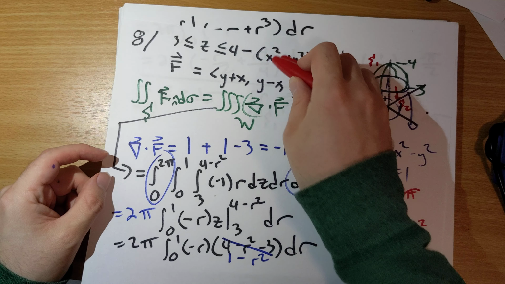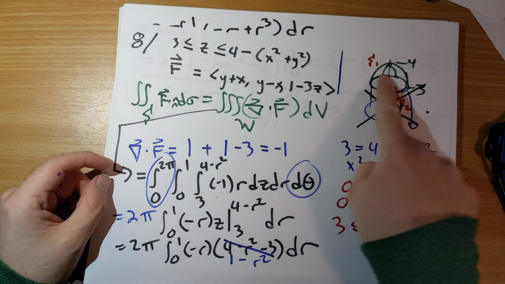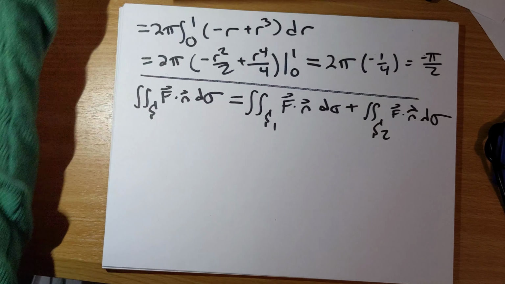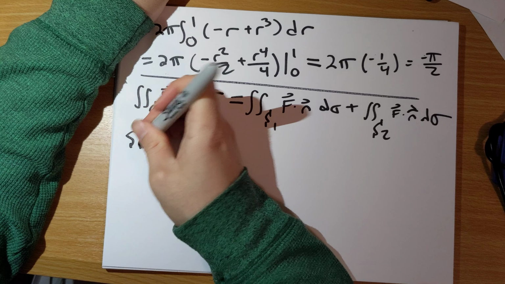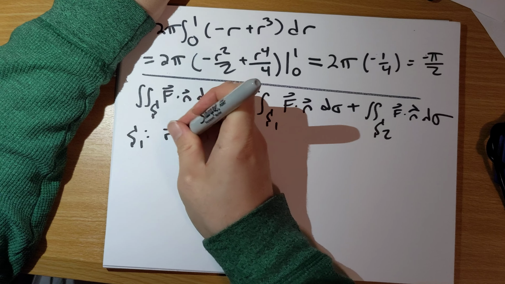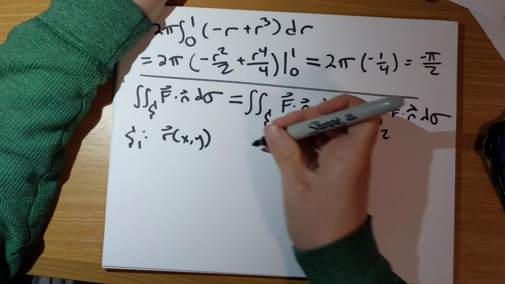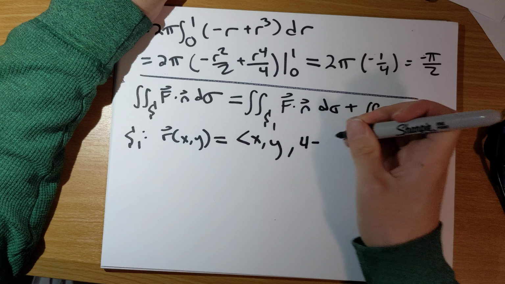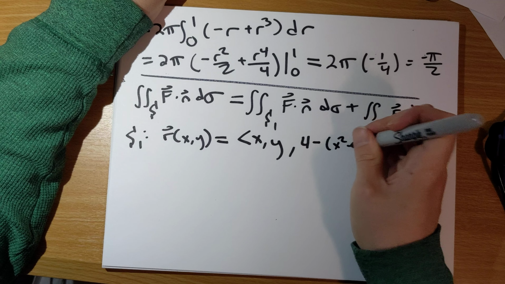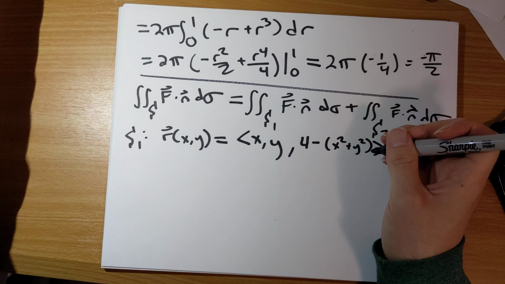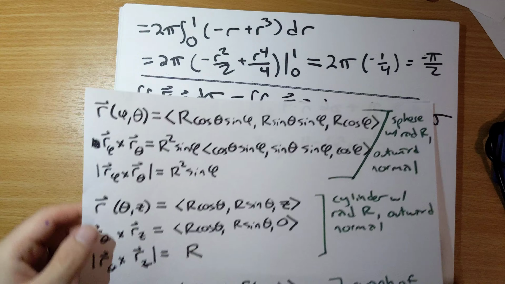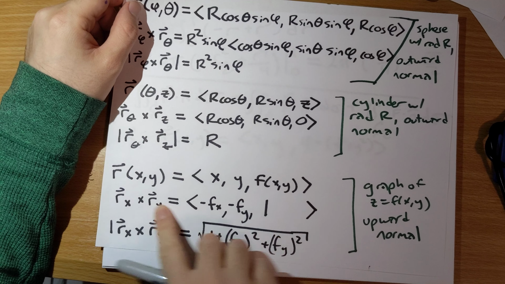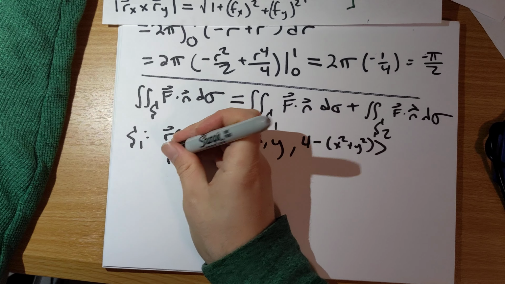This is z equal to 4 minus x squared plus y squared. So we can parameterize S1 by r of x, y equals x, y, and 4 minus x squared plus y squared, with the corresponding normal vector, r_x cross r_y, which we can just copy off of this chart here.